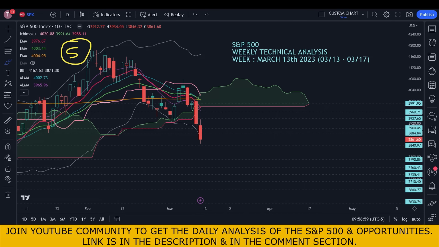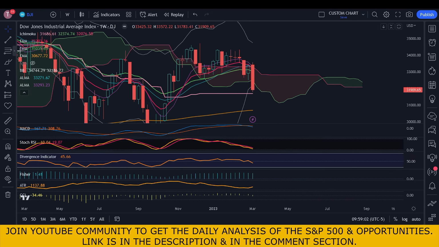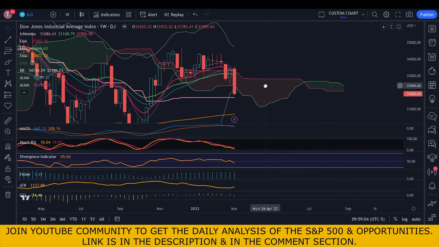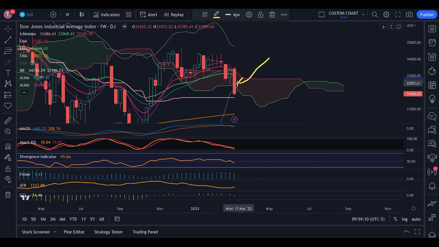Probable movement. One more thing you must consider here. This is the Dow Jones chart. What I'm trying to show you is that the recent weekly candle has completely engulfed the previous candle. We have seen absolute bearish engulfing in the S&P 500 and also in the Dow Jones.